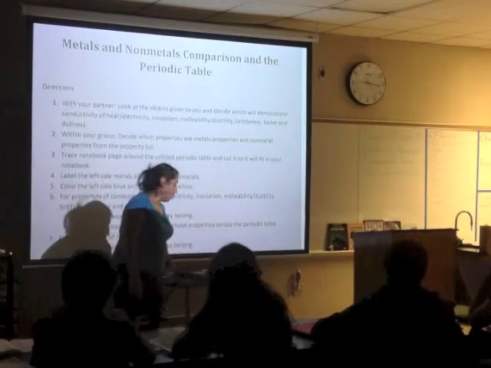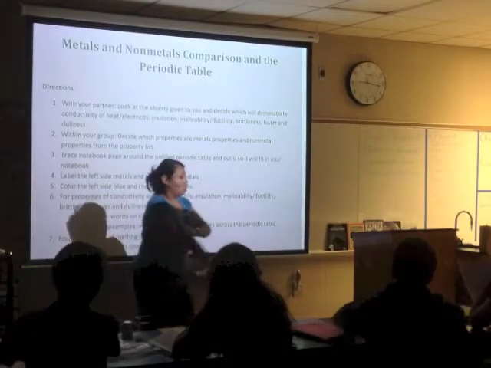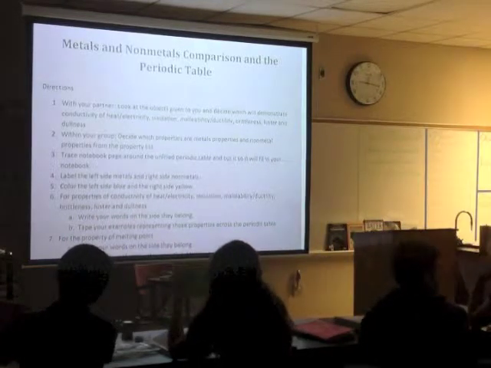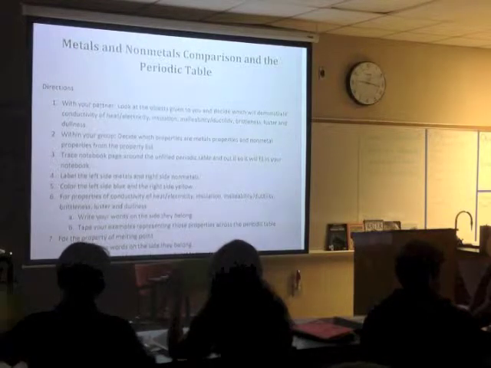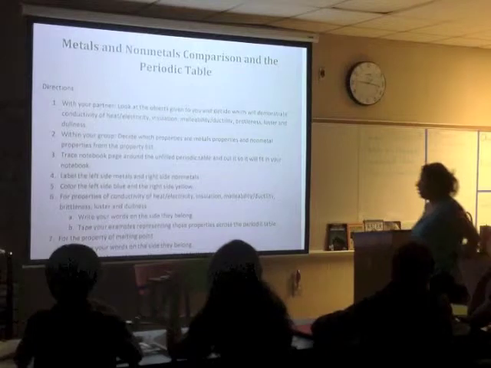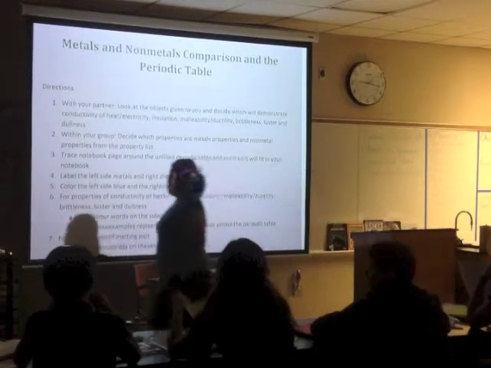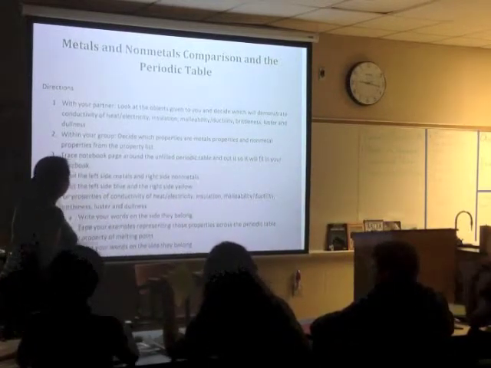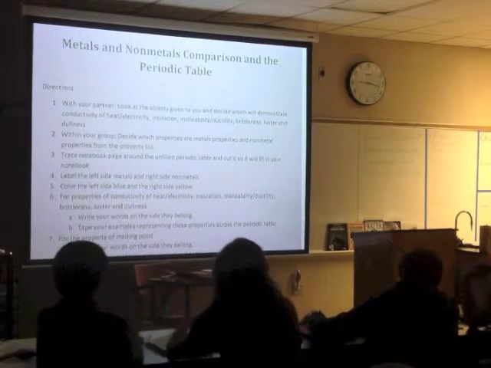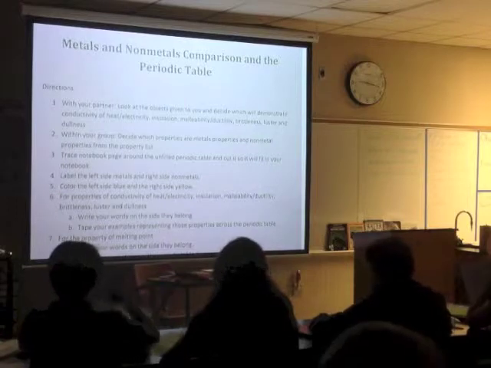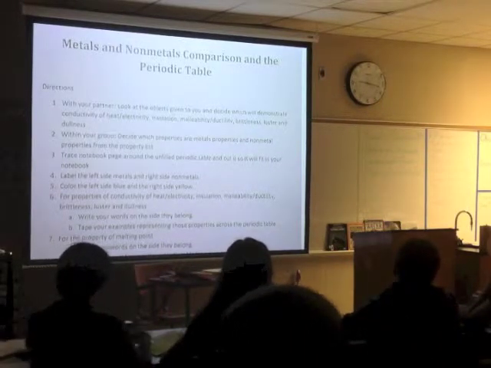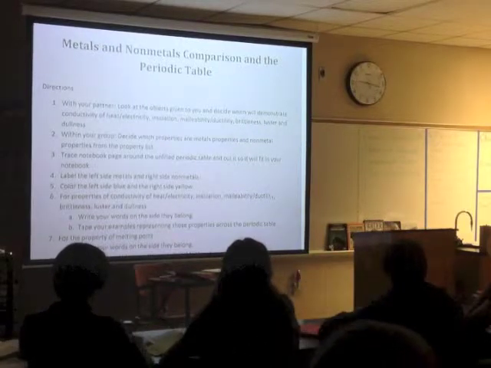Each of you is going to make your own comparison table, but you want to create it and make sure that it's correct by talking to the other people, to your table partner. Okay? So, if you look at one, it says, with your partner, look at the objects given to you and decide which will demonstrate conductivity of heat and electricity, malleability, ductility, insulation, okay, brittleness, luster, dullness.